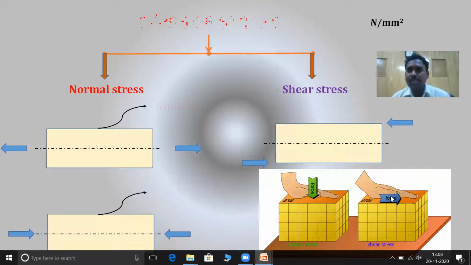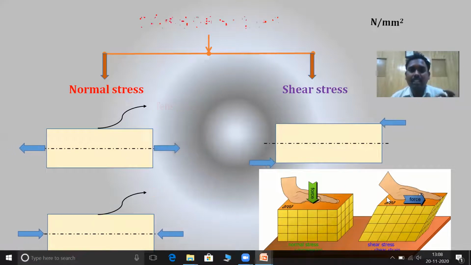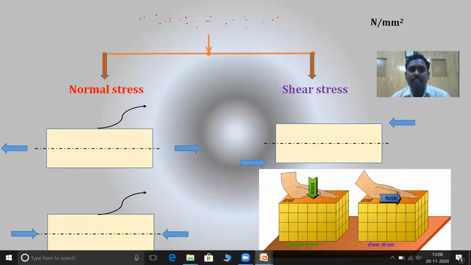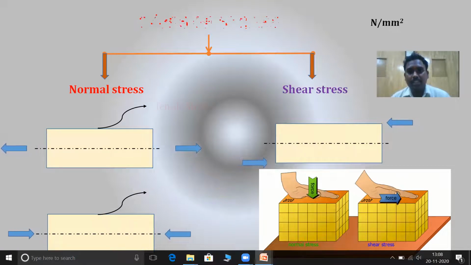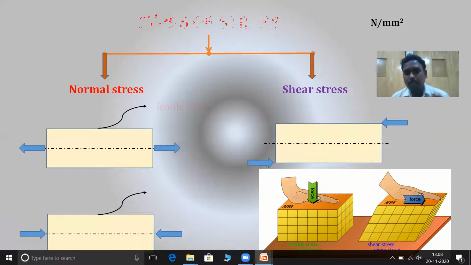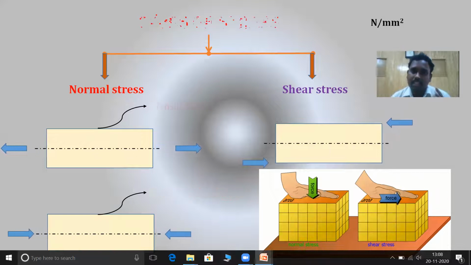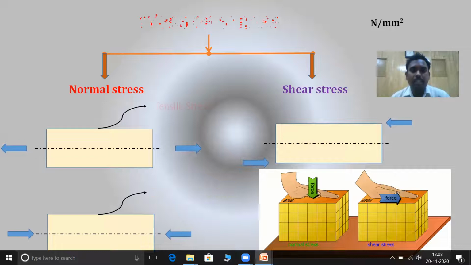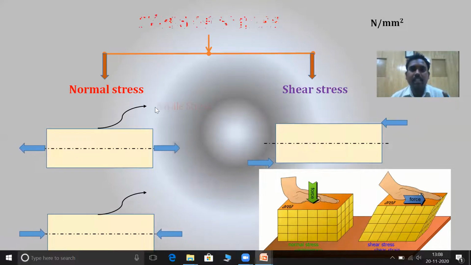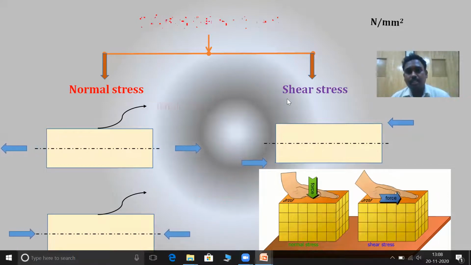Students, from this slide, it is very clear that stress is normally divided into two types: normal stress and shear stress. There are other types also, such as thermal stress, crushing stress and bending stress. But normally there are two kinds of stresses, normal stress and shear stress.